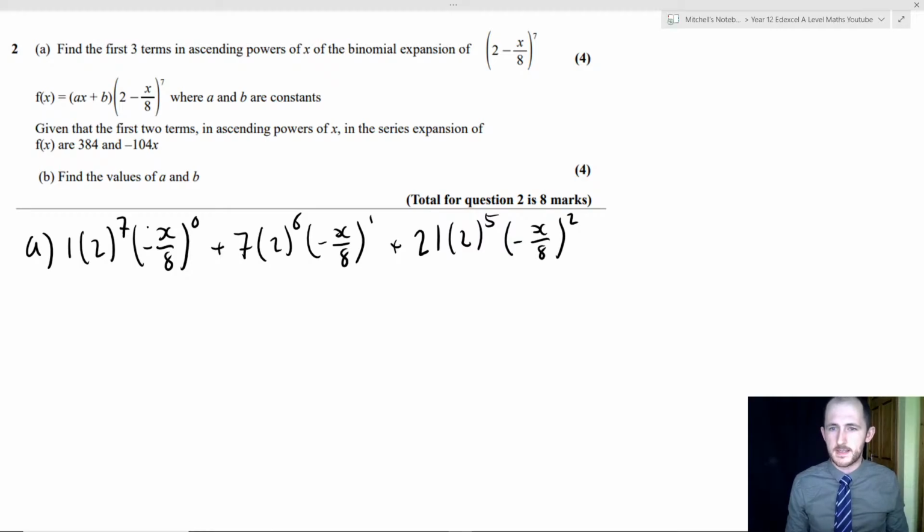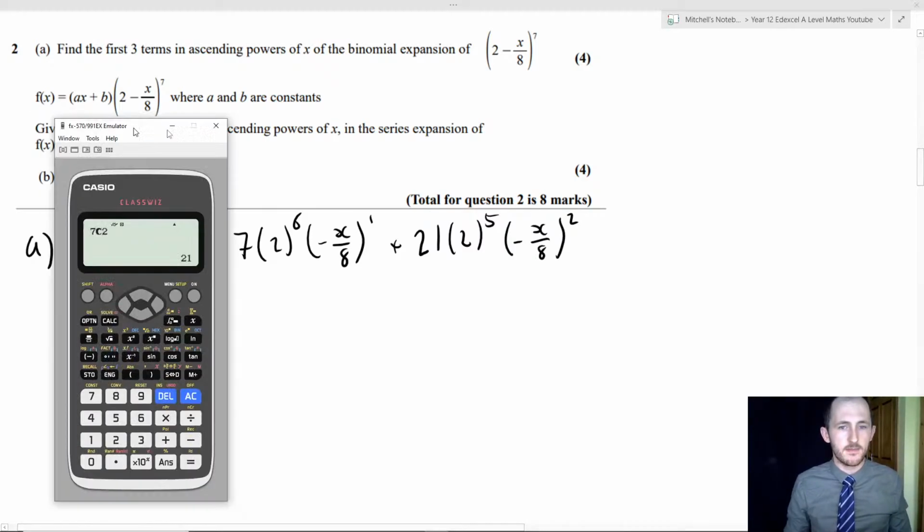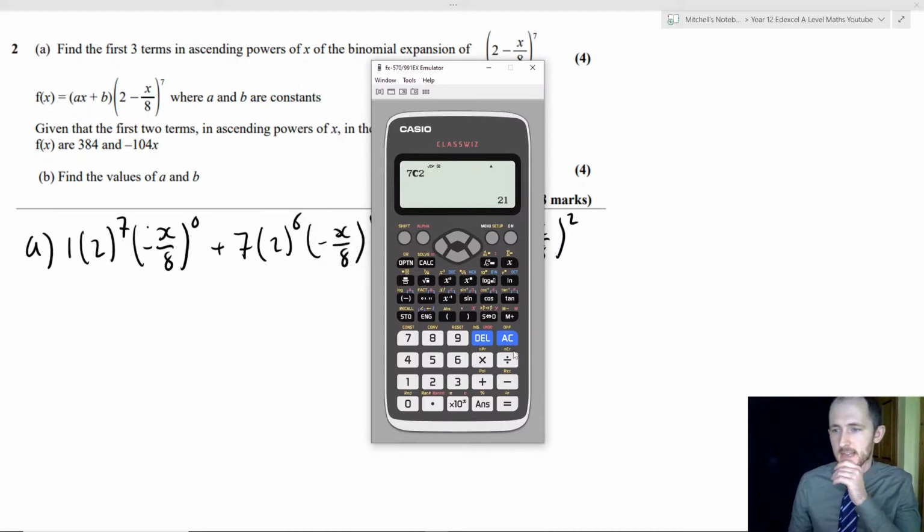Cool. Do you remember what the next step was? Just subbing in exactly what it says, right? So let's do that. In fact, I'm going to be really pedantic. I'm going to put exactly what it says in. So 1/2 to the power of 7. You don't need to put the x. Minus 1 over 8 to the power of 0. 128.